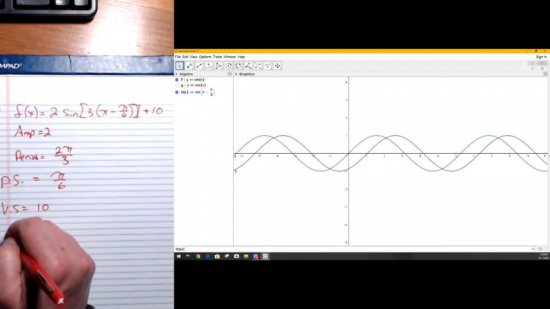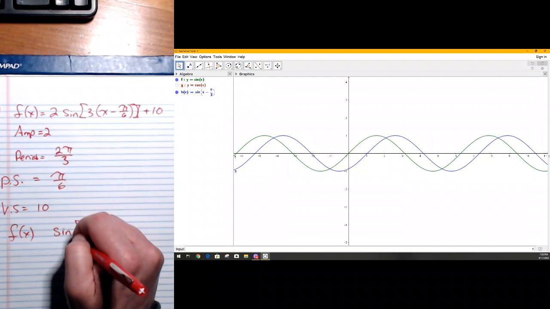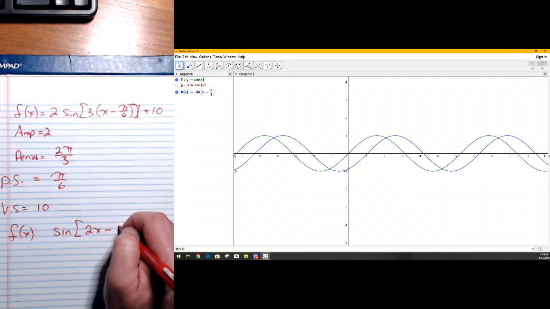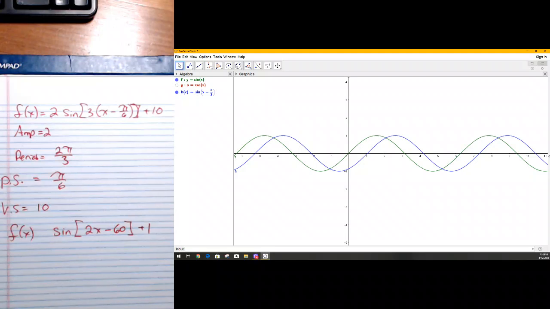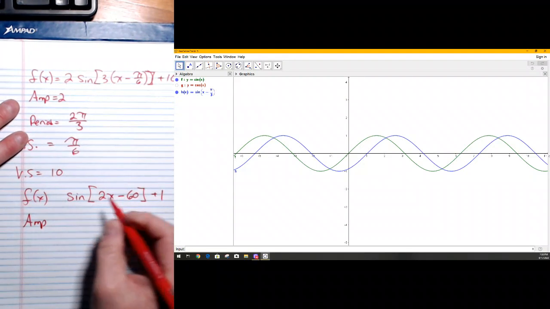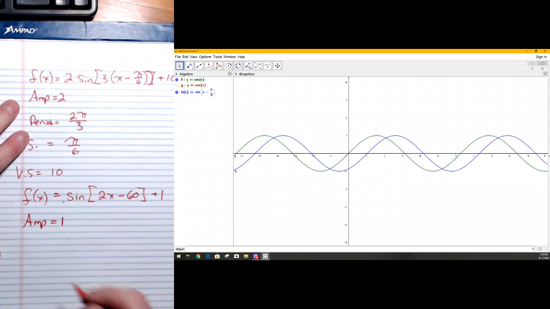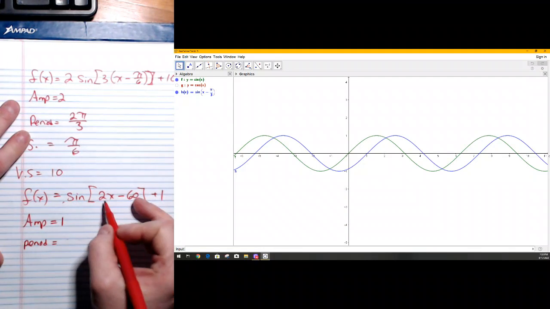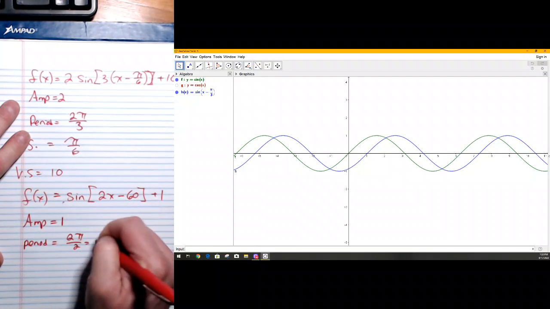Let's look at an example where I have sine of, let's do 2x minus 60, plus 1. Here, our amplitude, without a number in here, we're going to assume the value of 1. Our period is going to be equal to this number. So it's going to be 2 pi divided by 2. That's going to be equal to pi.